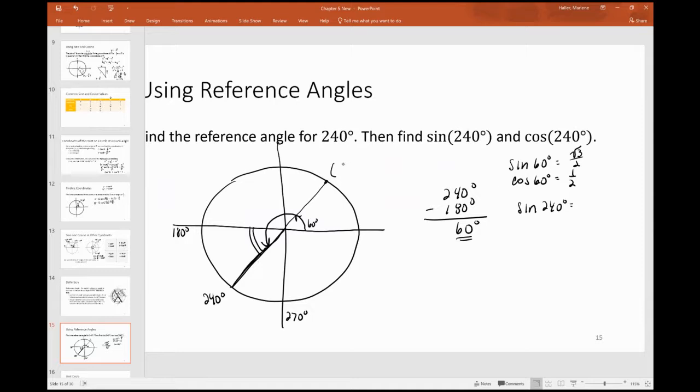So the cosine would be 1/2, and the sine would be square root 3 over 2. They're both positive in quadrant 1. Well, what's happening over here in quadrant 2? They have the same reference angle, right? This angle here equals this angle here. So we know we have the same absolute value of the sine and the cosine, or the x and the y coordinate, if it's just a unit circle, which we're saying this one is.